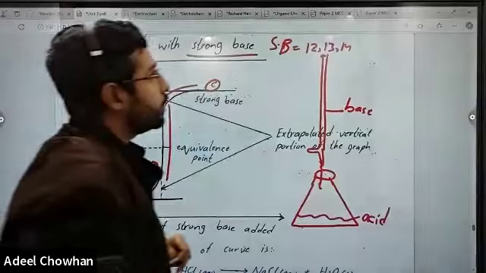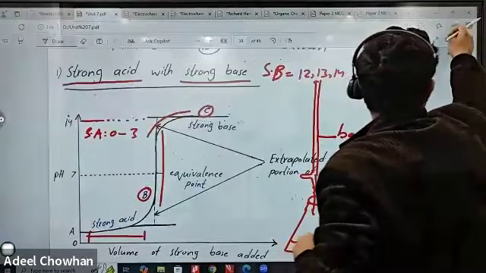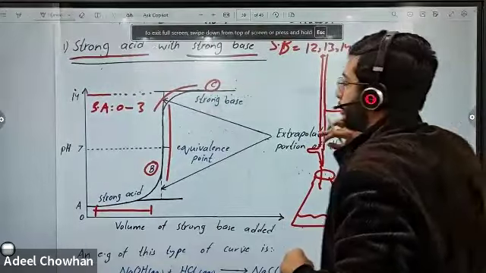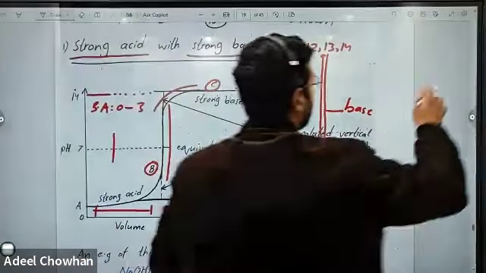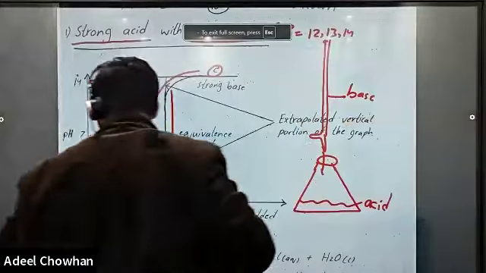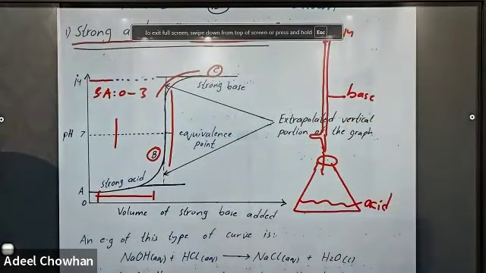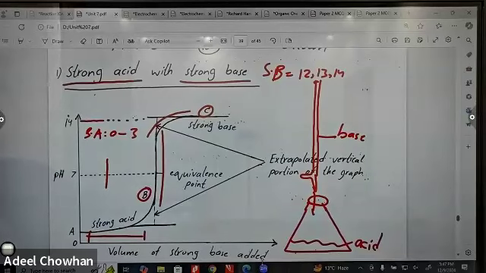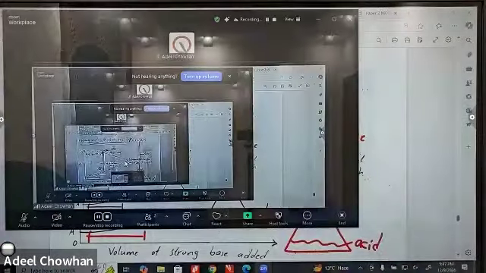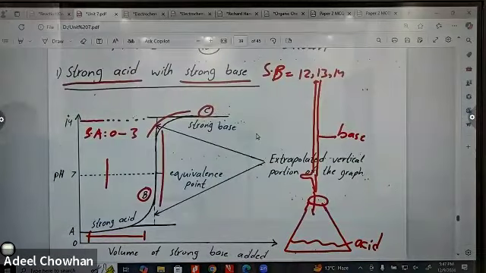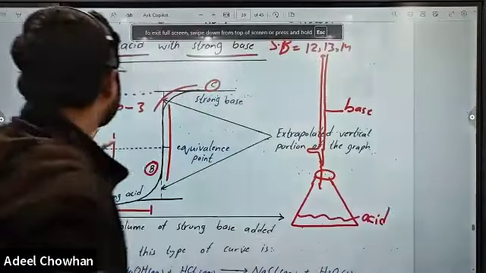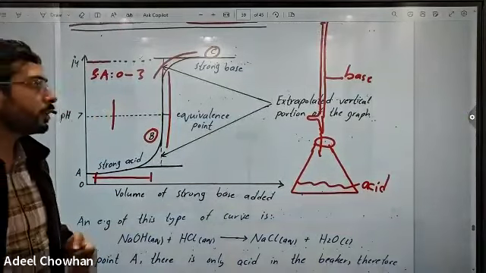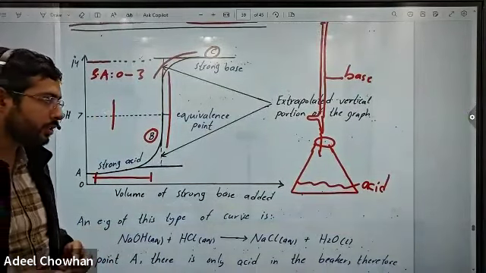Now we have to see what is happening during the course of this neutralization reaction.